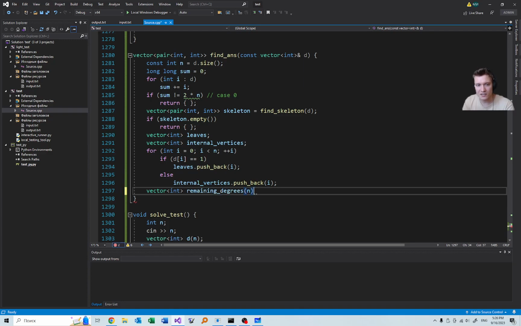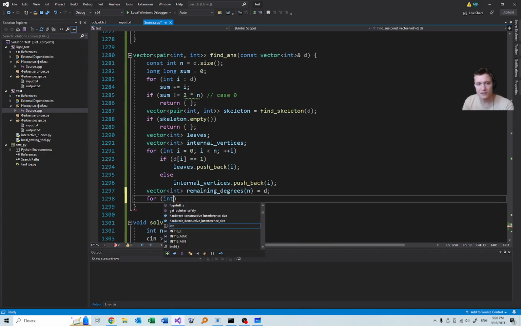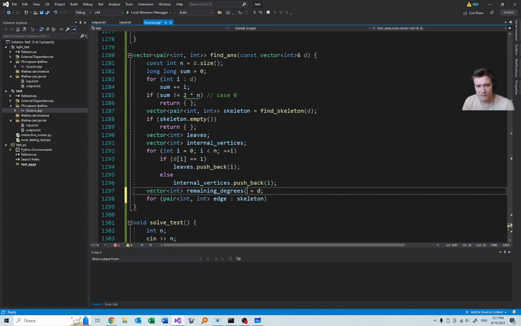Which is like D. But after that, we consider all edges of skeleton and subtract 1 from each of its endpoints.